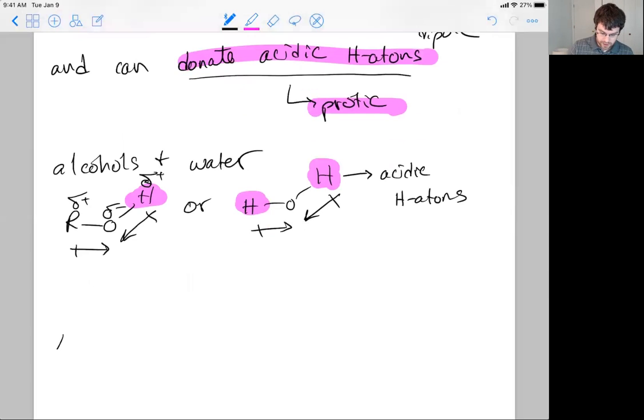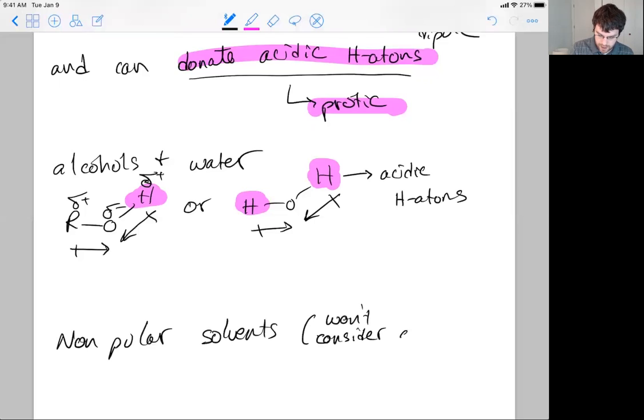We next have non-polar solvents. And we won't consider aprotic and protic categories for the non-polar solvents. So we just have non-polar, then polar, and there are 2 classes of polar solvents.